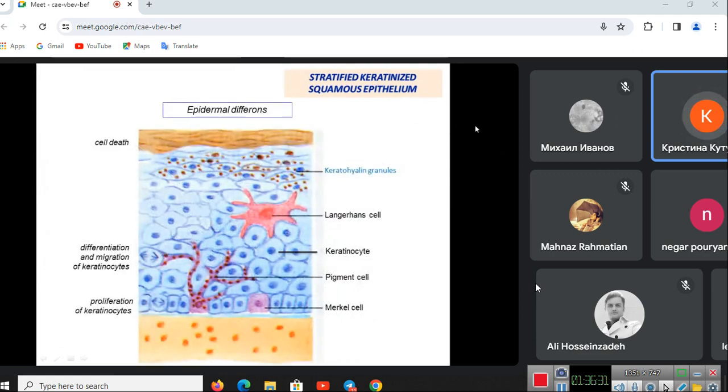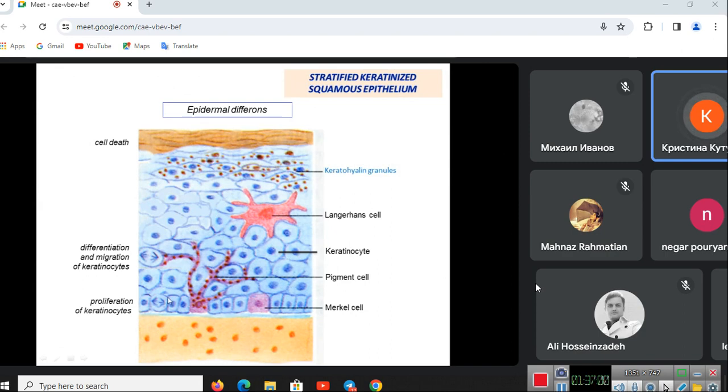In epidermis, which is the outer layer of skin as an organ, we have epithelium containing several cell types. The main cell type, or the main differon, is called the differon of keratinocytes. They are the major cells here, all that are bluish in this diagram.